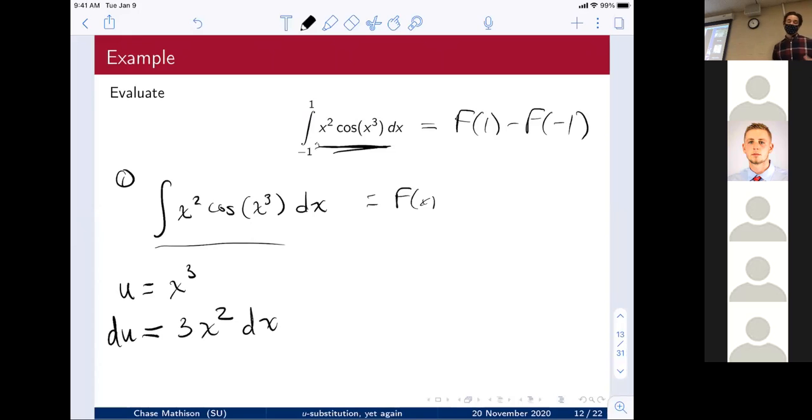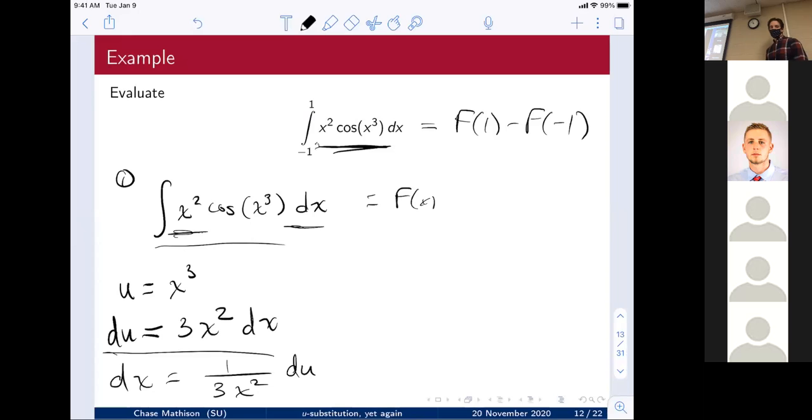So again, you can think of this two ways. If I multiply this by 1/3, I'll have exactly x squared dx left. Or if I solve this for dx, it's 1 over 3x squared du. Either way, when I plug into the integral, I need only u's after the substitution.